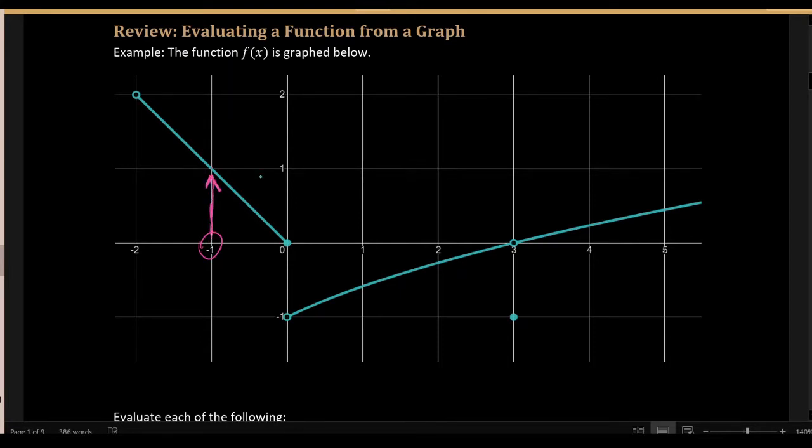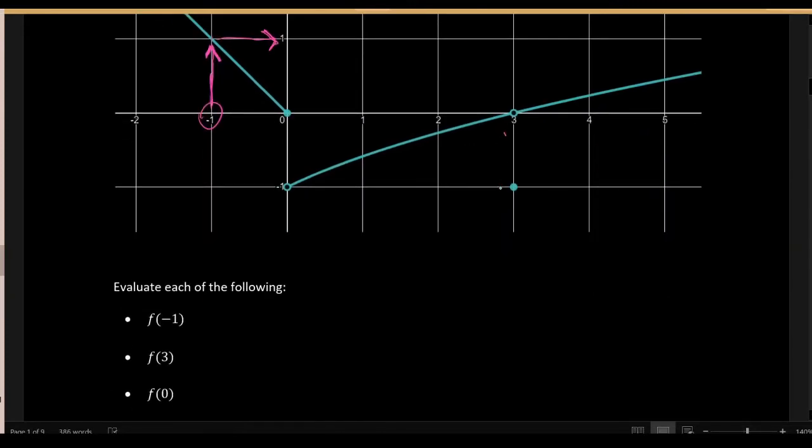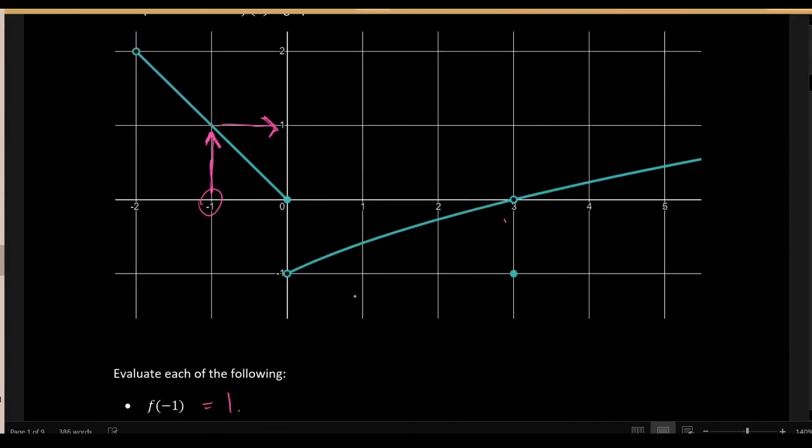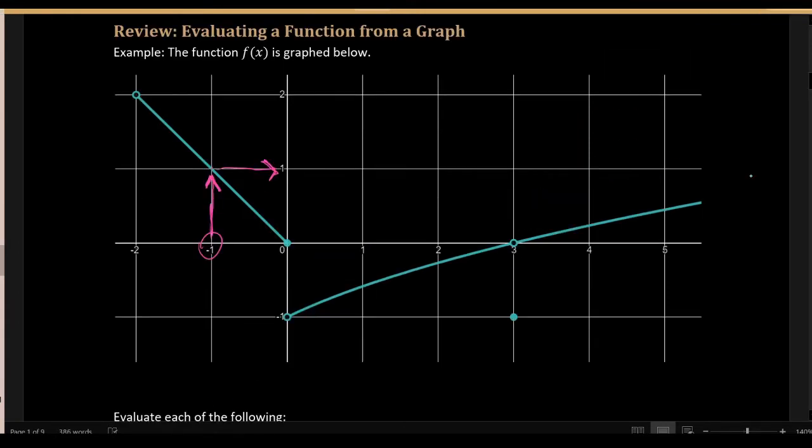The function's output is the height of the function. The y value is 1. Now this is a process that you're probably familiar with, but where things get tricky is when the graph starts to have strange behavior like these holes here.